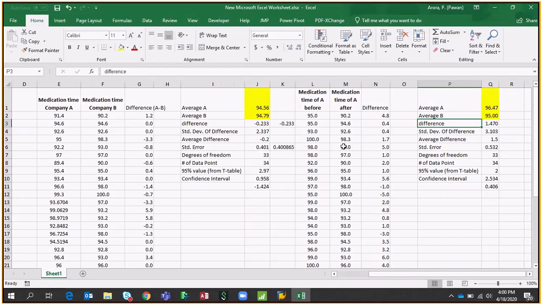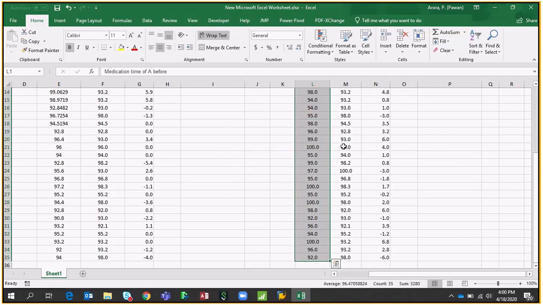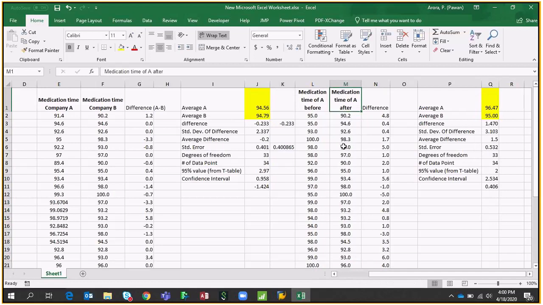But in case you have a before and after situation. Assume you have done a project, and you have improved the medication time of a particular medicine. You have improved the time of this medicine, you have done some improvement, and you have the after data of medication time.